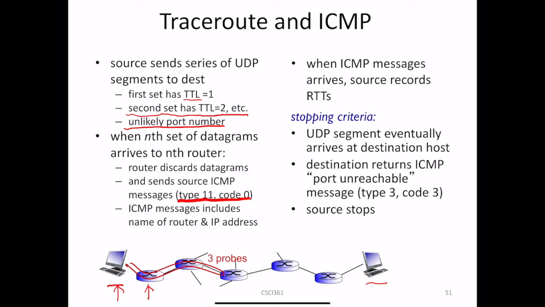So, how do we stop this traceroute program? Here is the stopping criteria. The UDP segment will eventually arrive at the destination host, and the destination will return an ICMP message, which is type 3 with code 3, which means port unreachable.